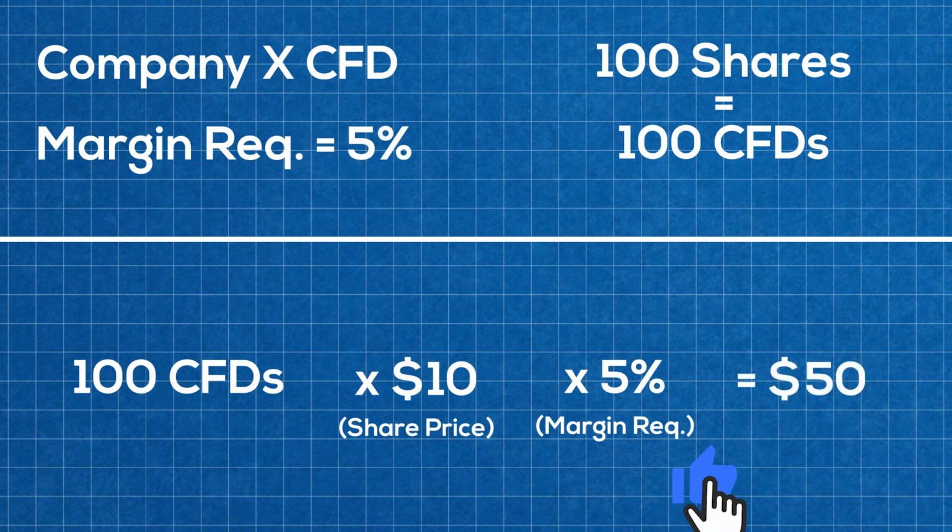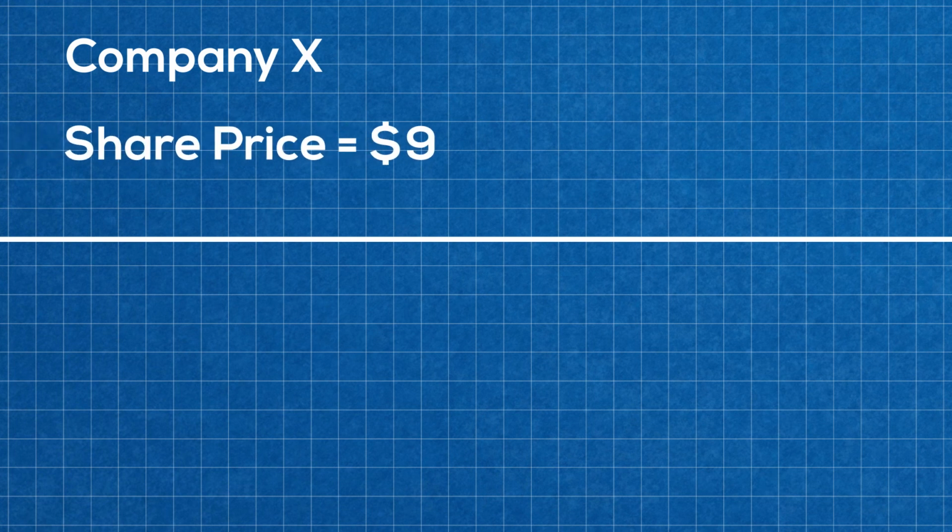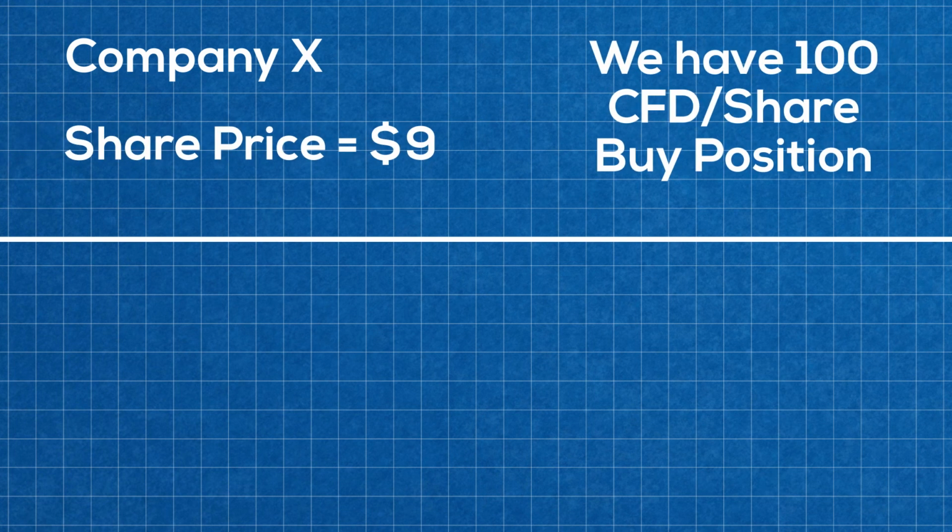This means that we would still make and lose the same amount of money as the share price moves as we would if we had bought 100 shares for $1,000. Except this position has only cost us $50 to open, not $1,000. Now let's say the share price of company X drops to $9, and because we have exposure to 100 shares, this means our trade is down $100.